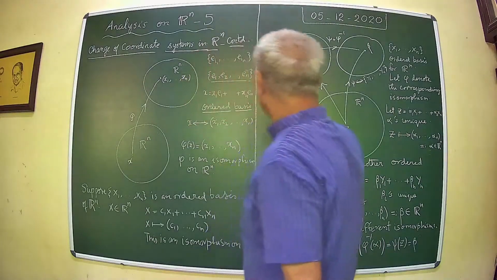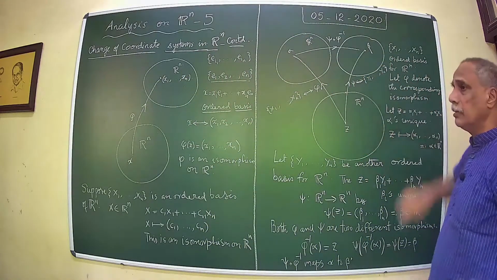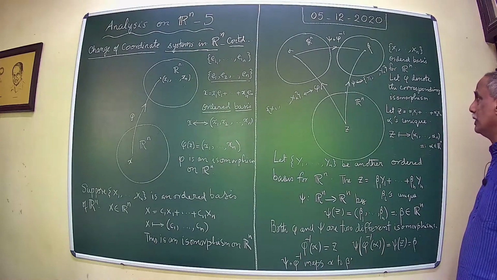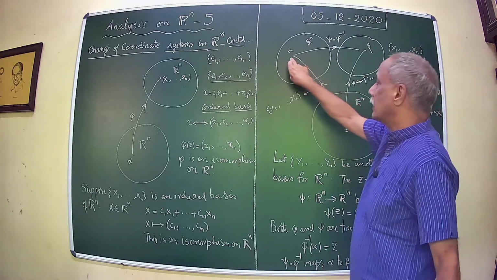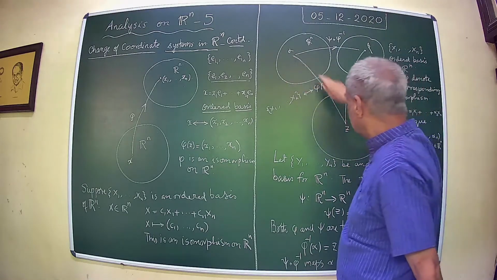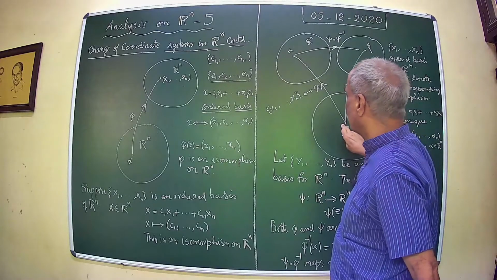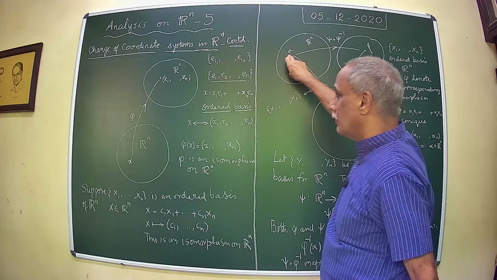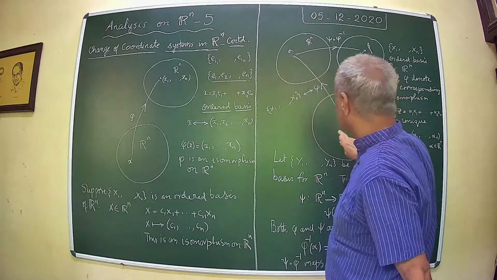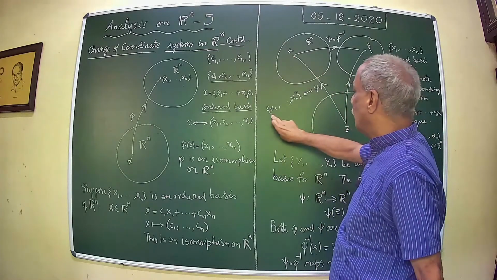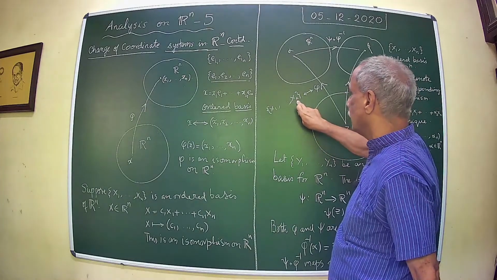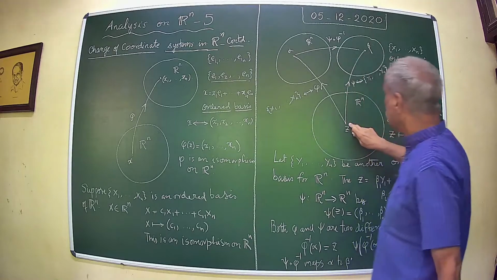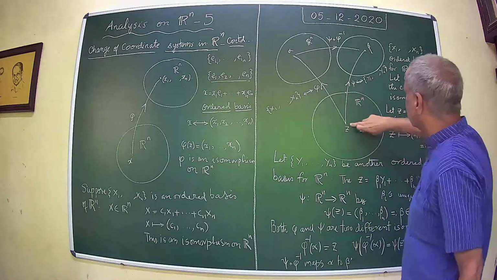Now you see that starting with alpha, you have a unique path that will take you to beta. What you do is pick some element here and construct the vector. If alpha is alpha 1, alpha 2, etc., alpha n, then z is taken as alpha 1 x1 plus alpha 2 x2 plus etc., alpha n xn. So you have an element in R^n. Now psi is defined on this. Apply that.